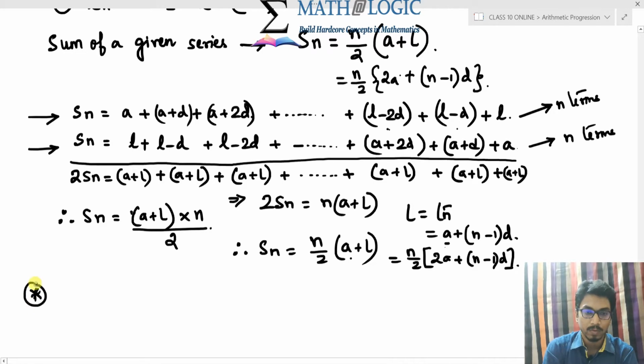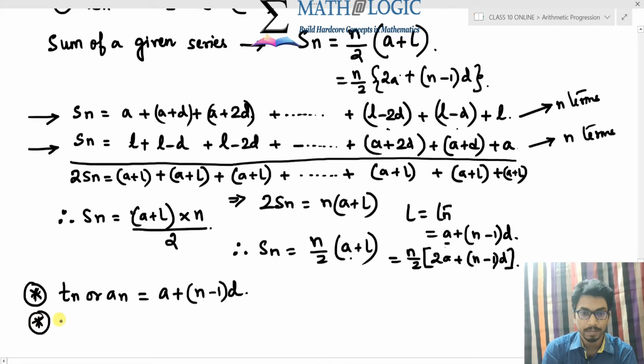So basically no other formulas are there in AP. So what are the formulas? I am revising it for you. Tn or An, the nth term from the first, is equal to A plus (n minus 1) multiplied by D. The last term Ln is equal to L minus (n minus 1) multiplied by D. This is the nth term from the last.